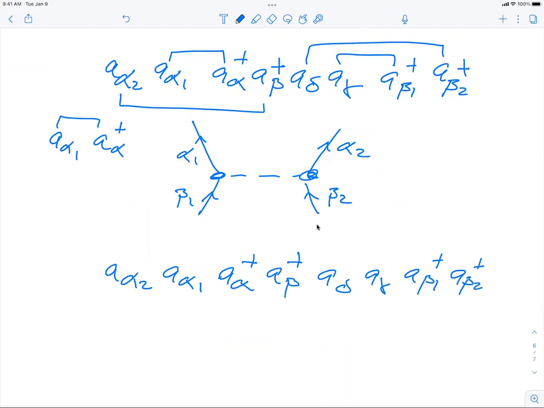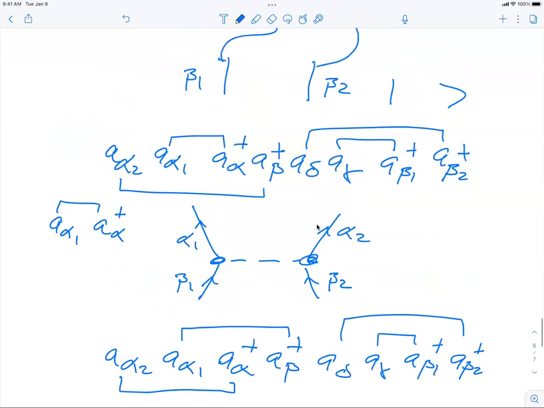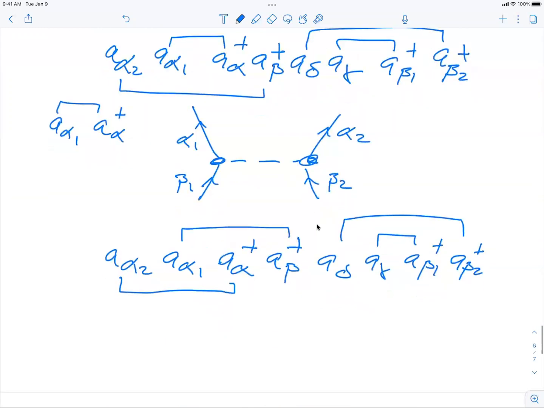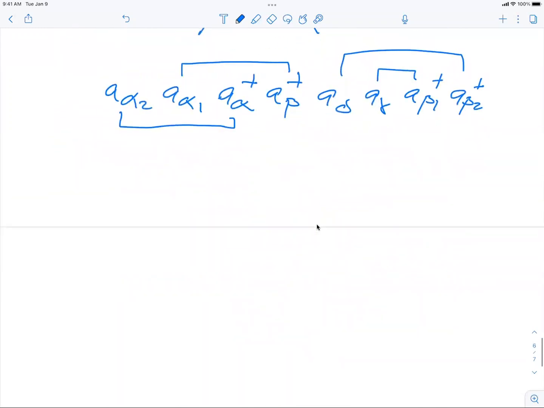So what we could do now, instead of having the contraction with alpha 1 and alpha, is simply take alpha 1 with beta and alpha 2 with alpha, and we could still just keep this set here.